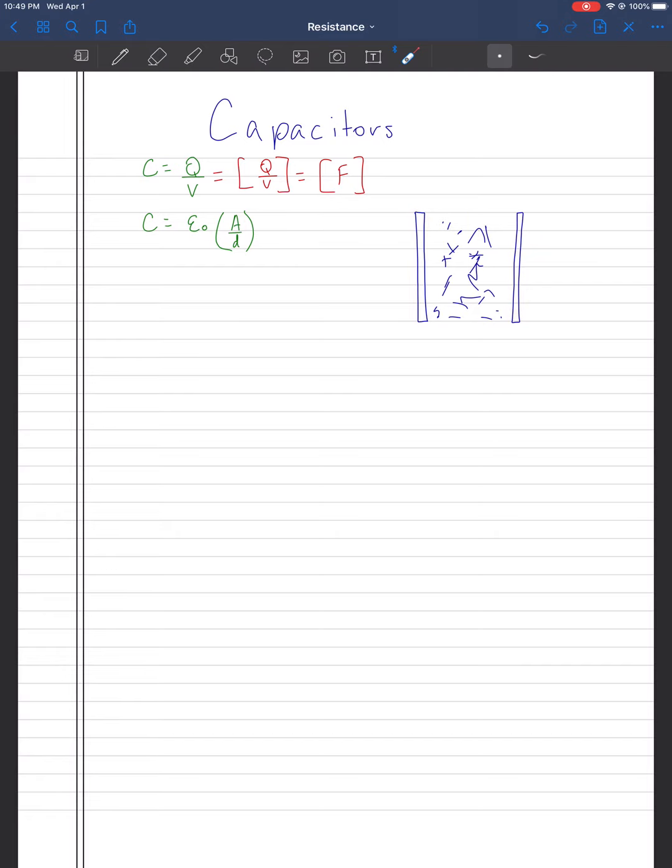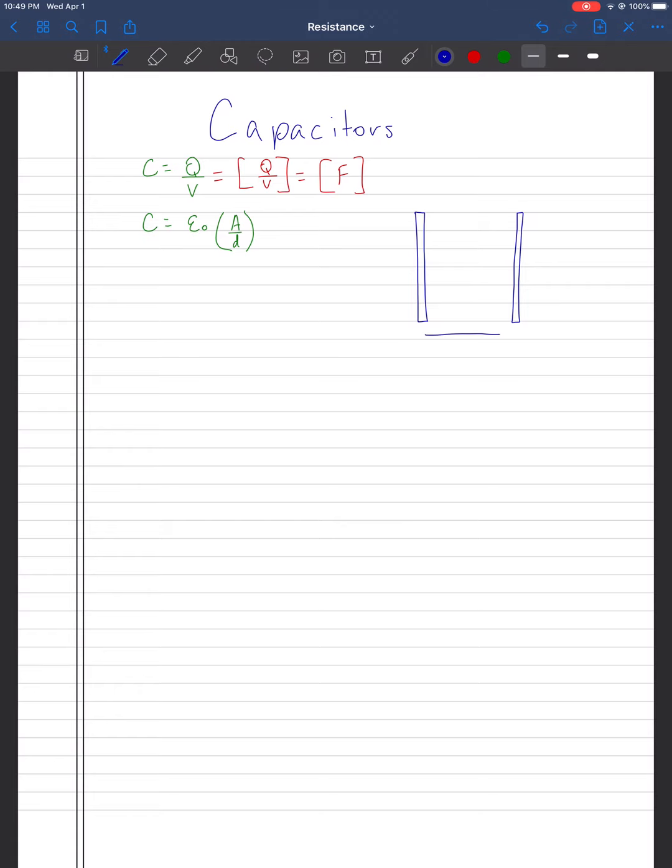The way I look at it, one plate is positive and the other plate is negative. I don't know if this is the correct way to look at it, but this is how I remember it. It holds charge.